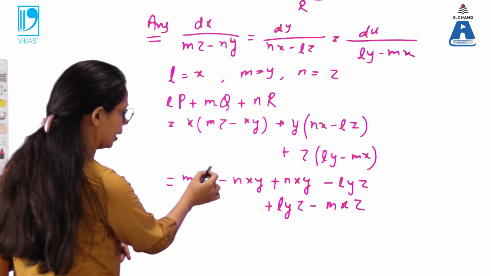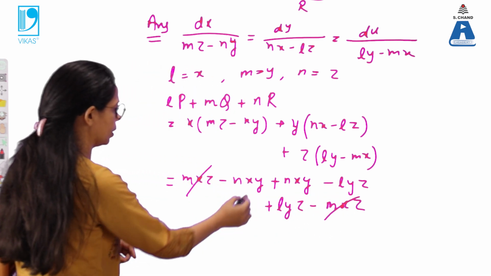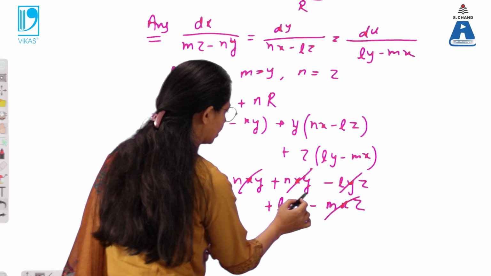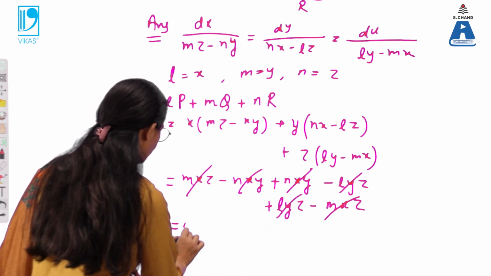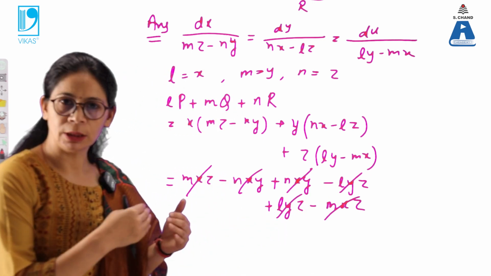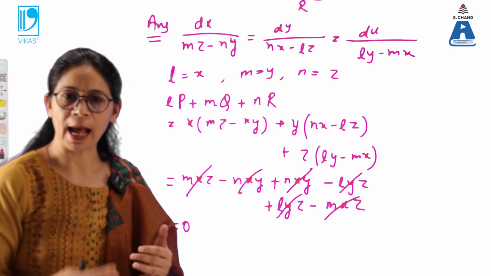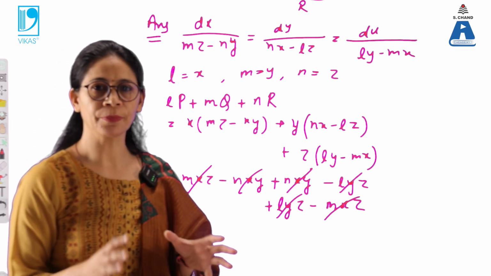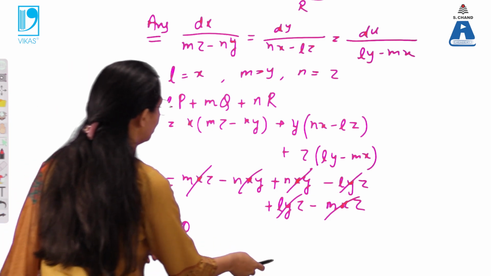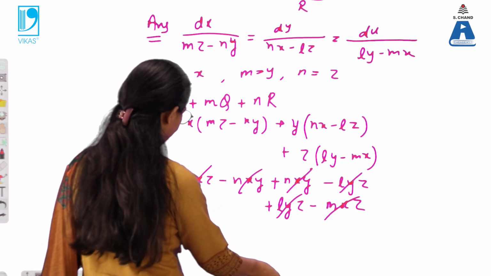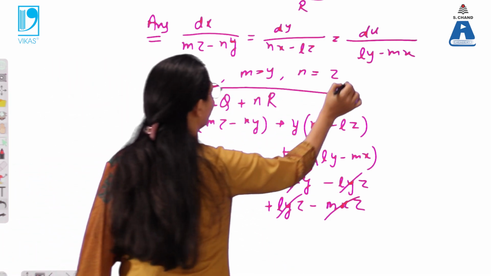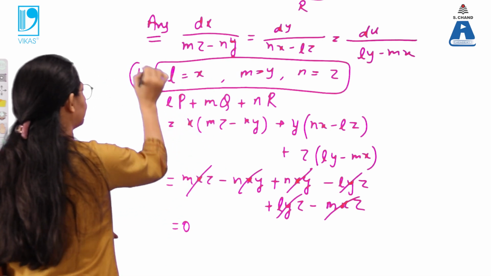So we can see that mxz gets cancelled with this one, this gets cancelled with this one, and this gets cancelled with this one. So it comes out to be 0. Therefore, the set for L, M and N as x, y and z can be of use for us. Therefore, we will rewrite this differential equation. So this will be one set of multipliers we are going to use.